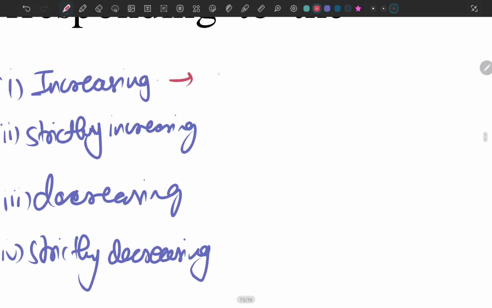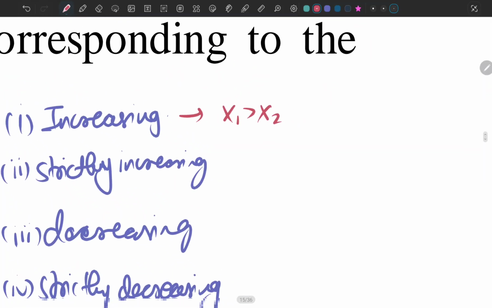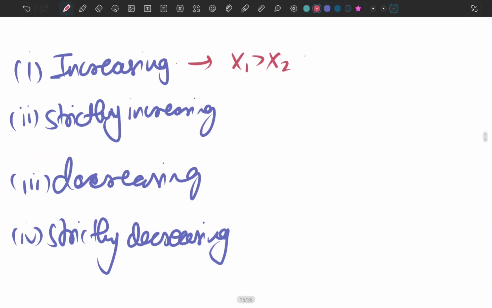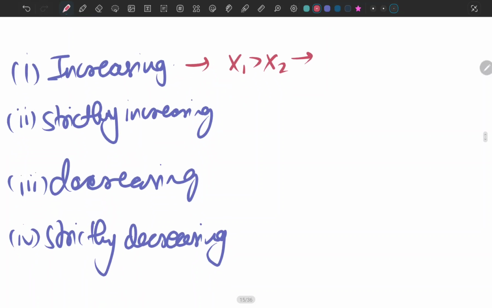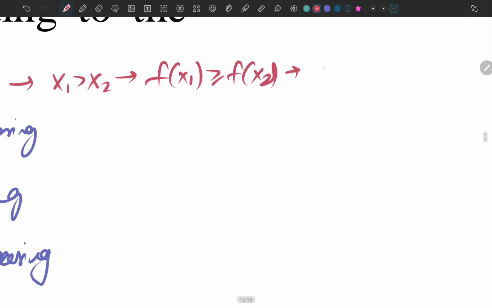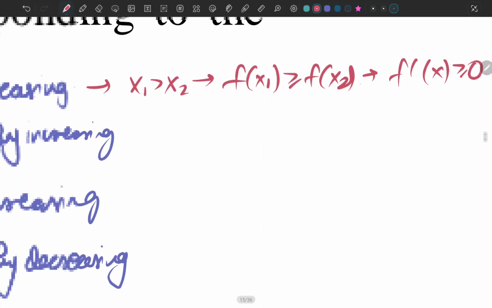If x1 is greater than x2, let's not talk about the stuff that is written in this PDF, but let's just focus on mine. If x1 is greater than x2, then for the function to be increasing, f of x1 should be greater than or equal to f of x2, or f dash of x, the derivative of the function, should be greater than or equal to 0.